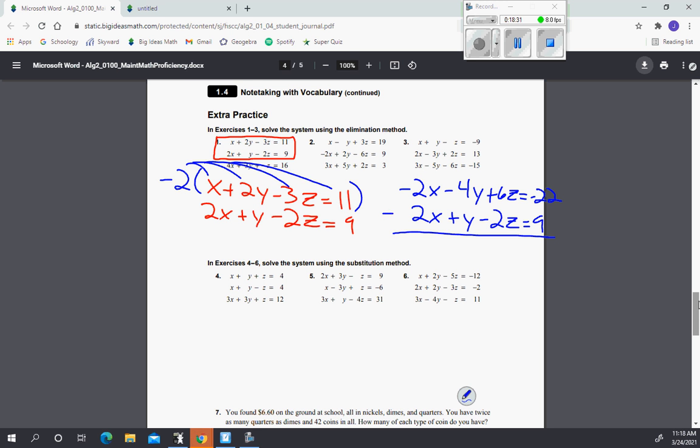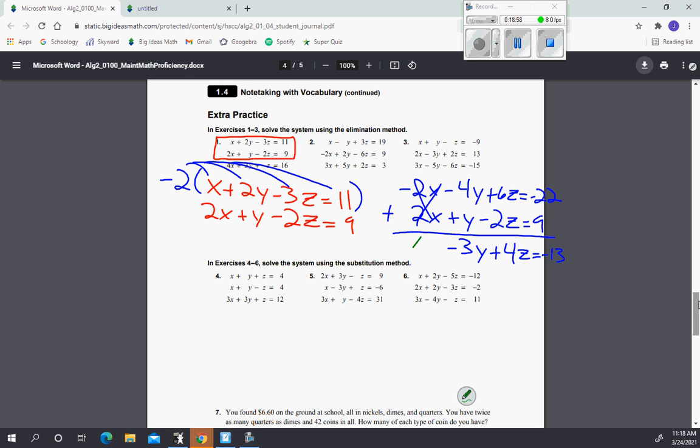Add these together. X is canceled out. Perfect. I have negative 4y plus y. That's negative 3y. I have 6z plus negative 2z. I have plus 4z. And negative 22 plus 9 is negative 13. Okay.